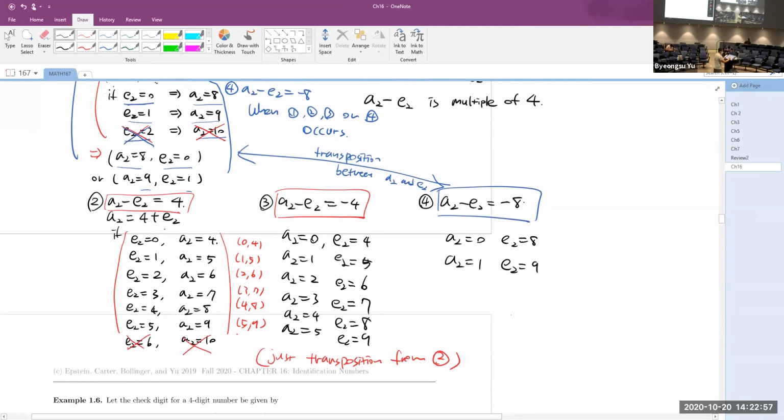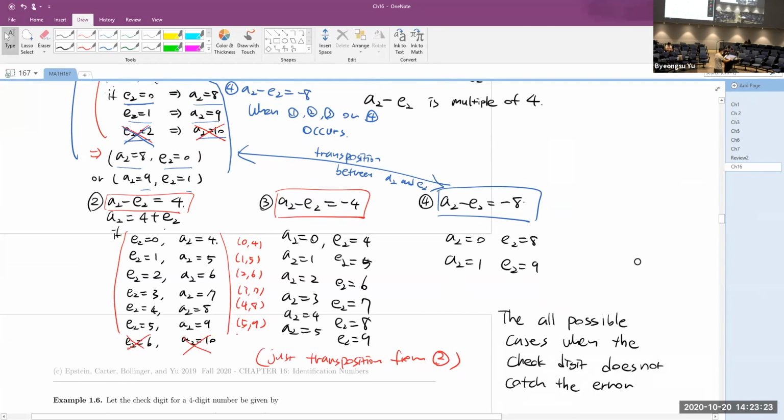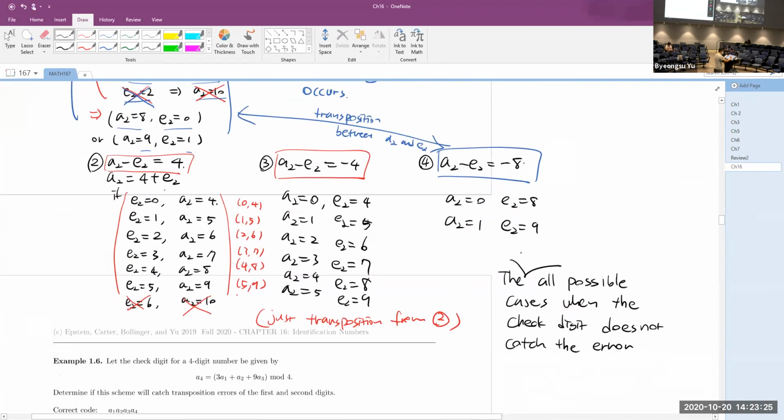So the conclusion is that the number of all possible cases when the check digit does not catch the error is 16.